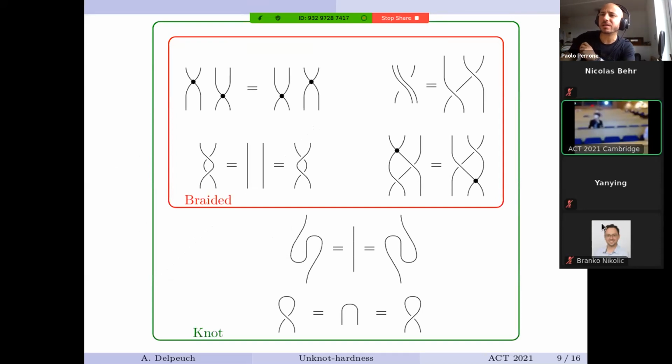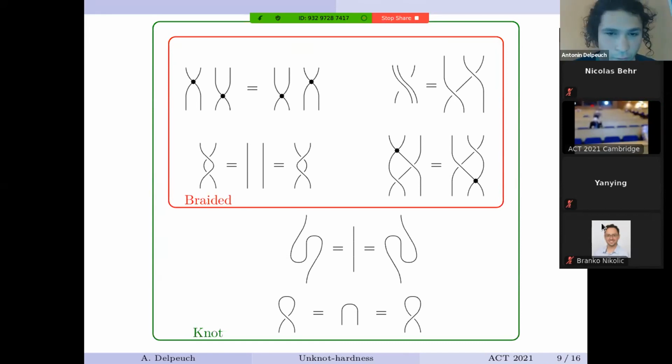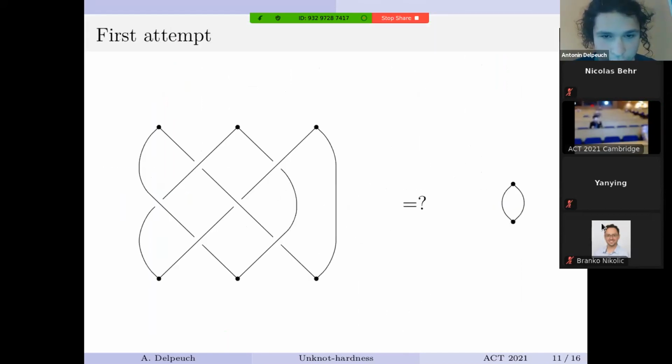But slightly before you were saying that when two wires enter a generator, they keep track of which direction they come into it. Maybe I haven't understood in which way you have to keep track of the direction they enter the generator. Right. So you mean when we do this?